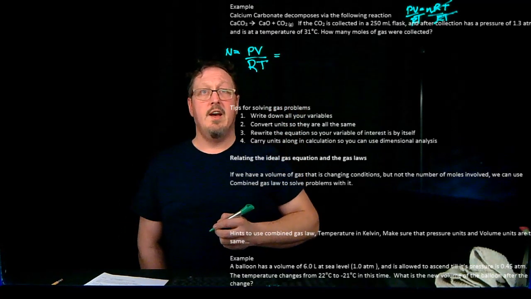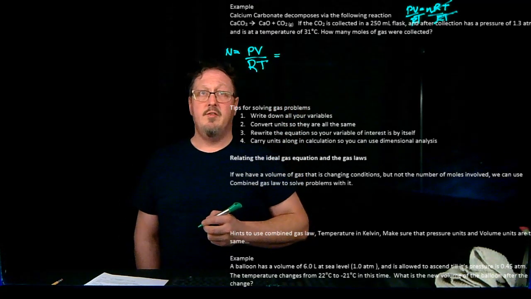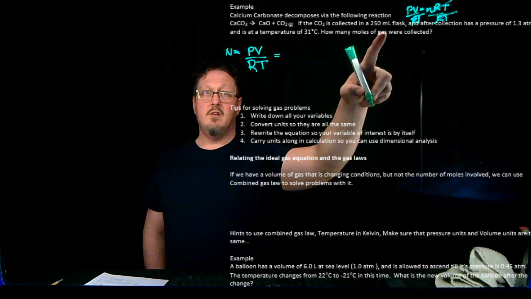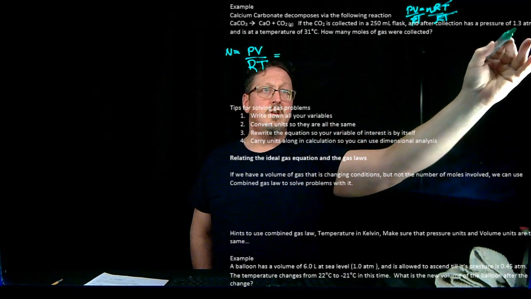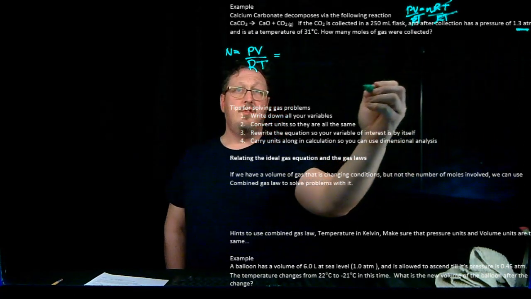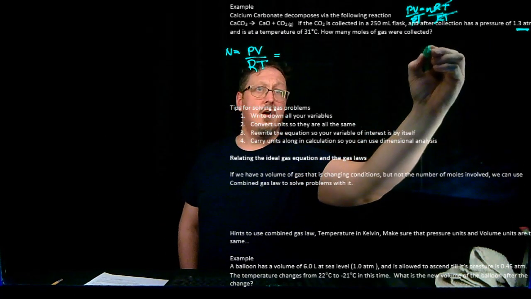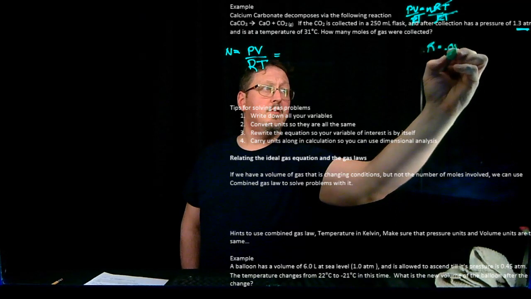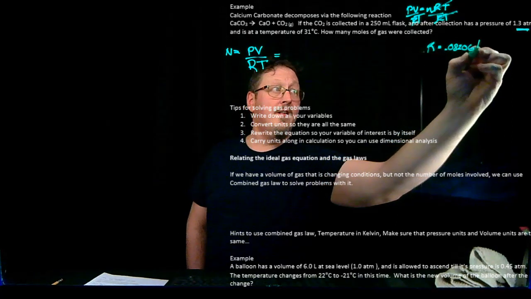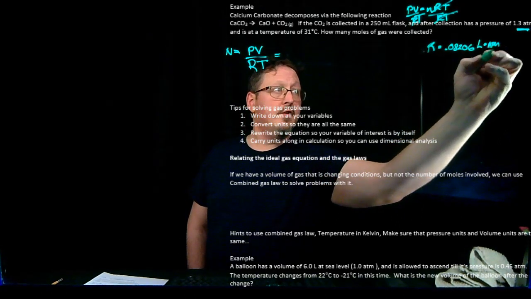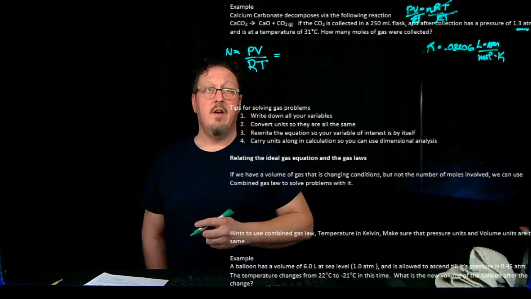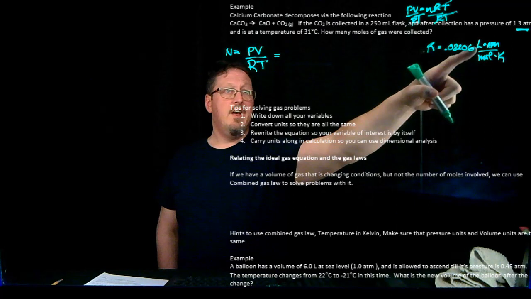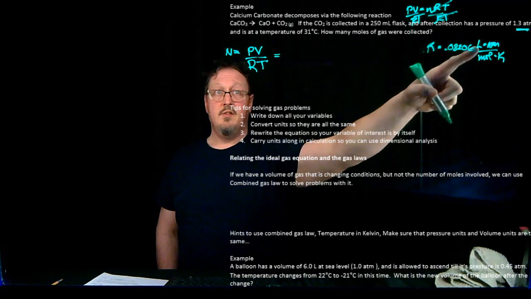If we look at what we have and what we don't have, let's look at our numbers. Now, first thing I'm going to look at is that my atmospheres is my pressure. So that means that we're going to use an R value. So our R value is going to be 0.08206 liters atmospheres per mole K. Okay, so first thing I'm going to look at is my volume is in liters with this R unit.